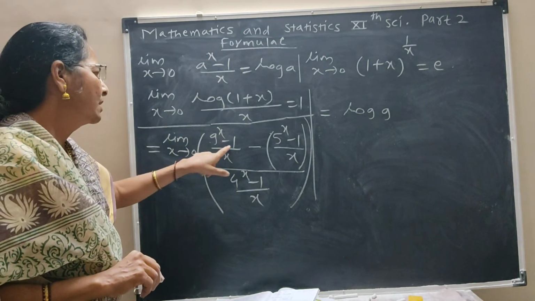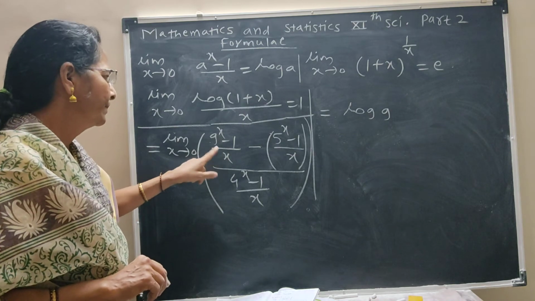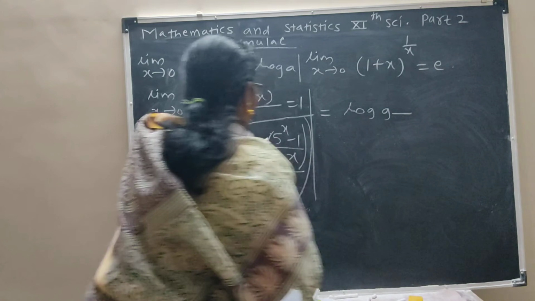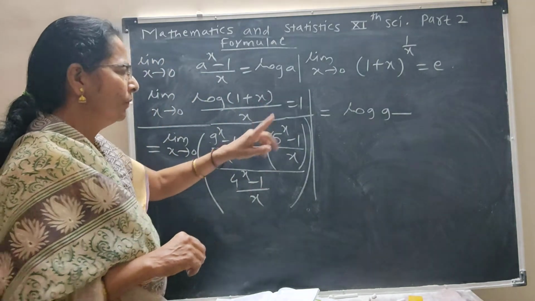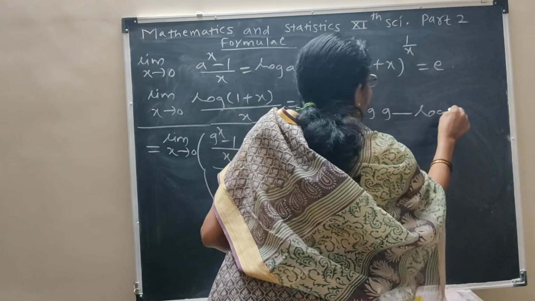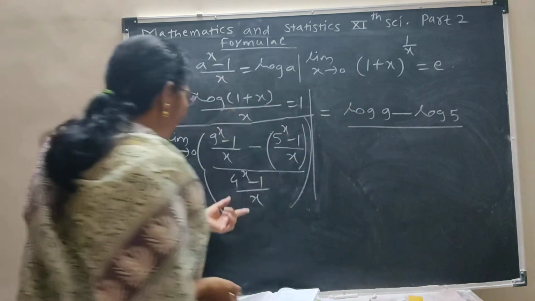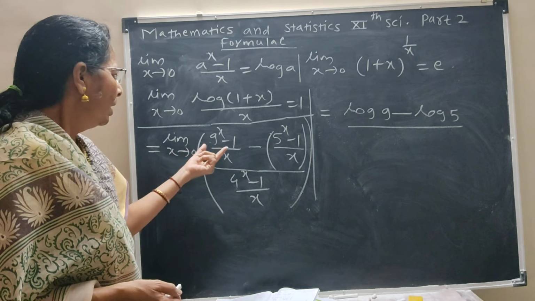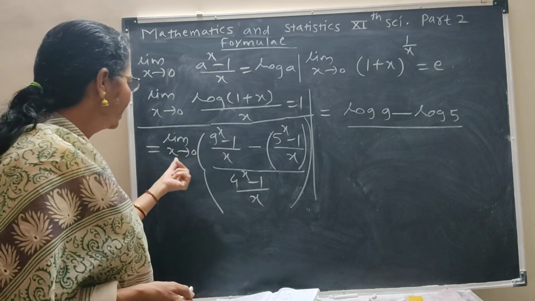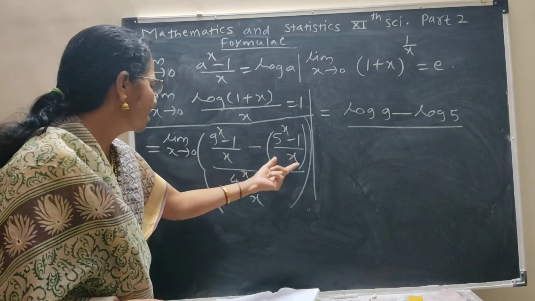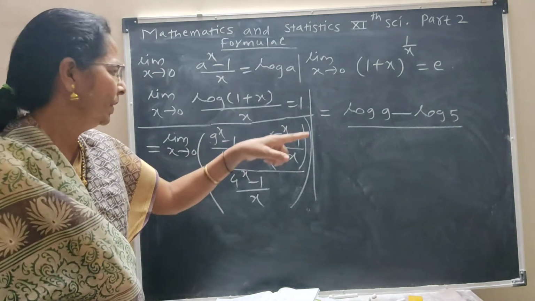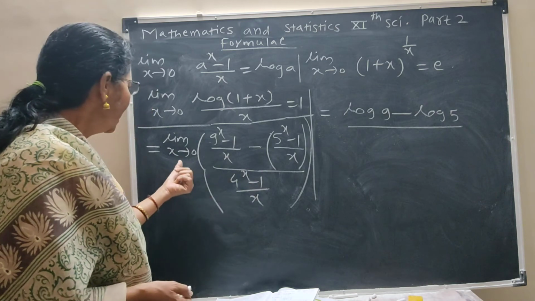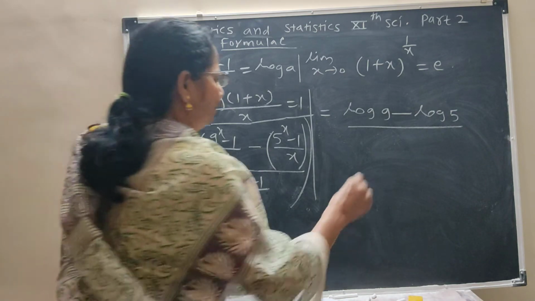So 9 raised to x minus 1 upon x gives log 9, minus 5 raised to x minus 1 upon x gives log 5, and 4 raised to x minus 1 upon x. The value of this term at this limit is log 9, of this term is log 5, and of this term is log 4.